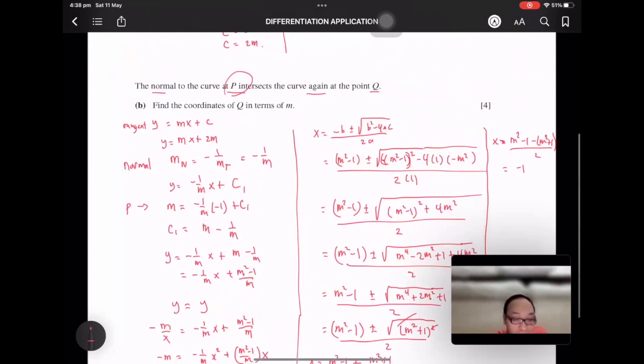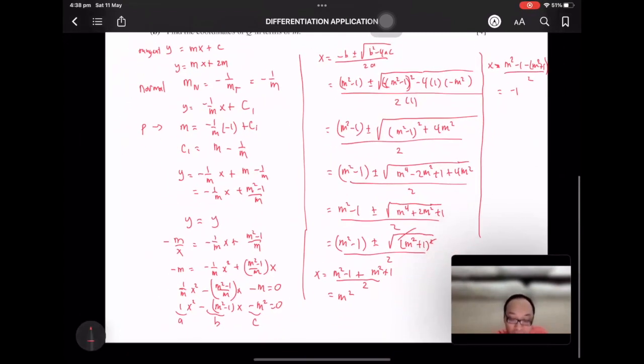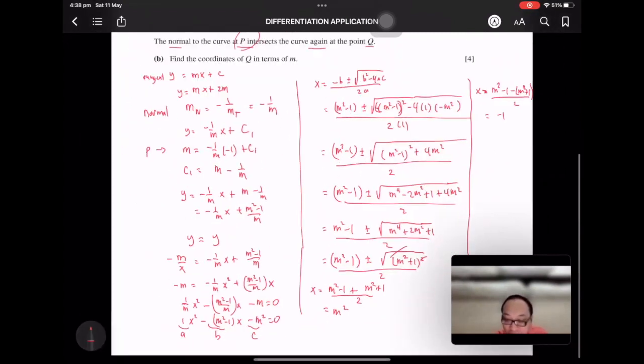Find the coordinates of Q. So if we see here, we can find the y. If x equals m squared, I use again the equation of the curve. So it is negative m over m squared, equals negative 1 over m.